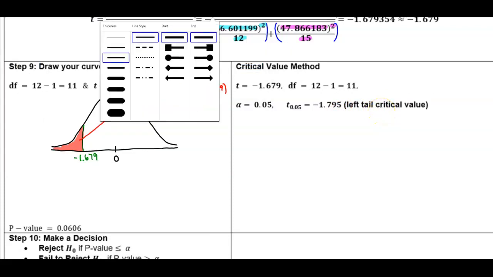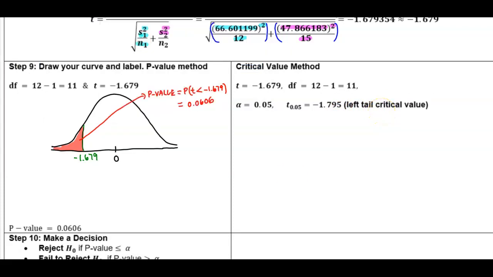Now we can draw our picture. We draw our bell curve, noting that we have 0 as our mean. Then we put in our left critical value, negative 1.796, and shade the critical region.